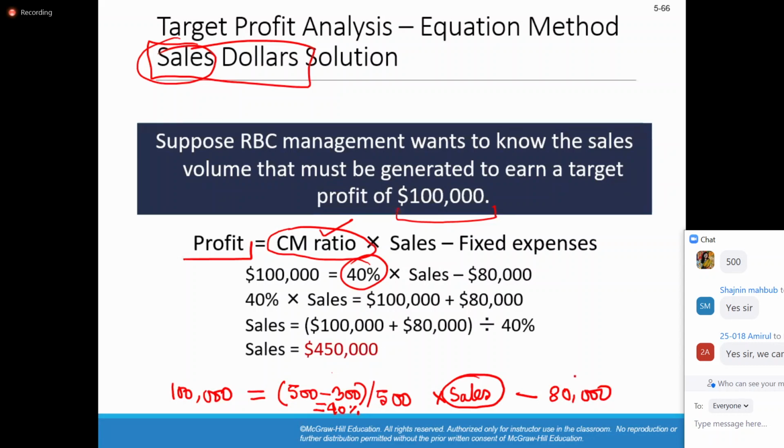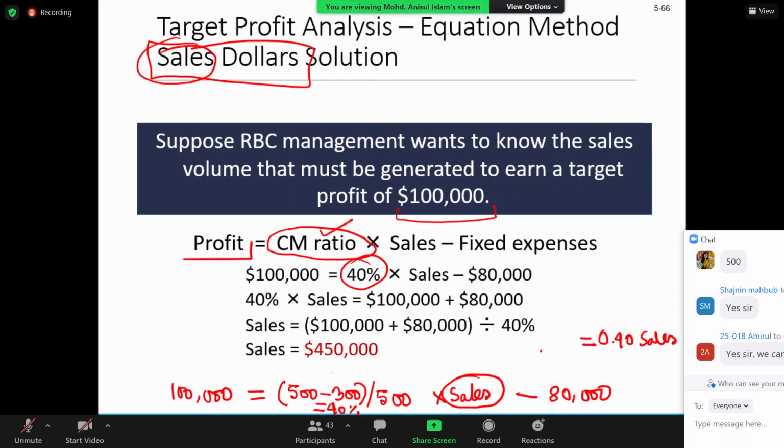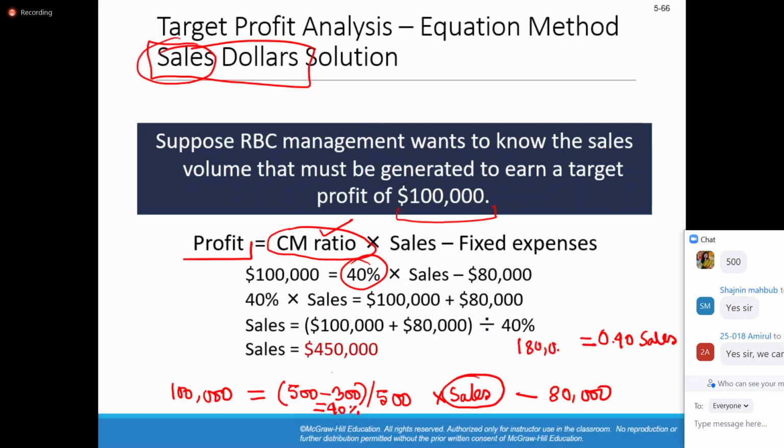We get 0.4 times sales equals 180,000 if we transfer this to the left side, and sales should be equal to 180,000 taka divided by 0.4 contribution margin ratio.